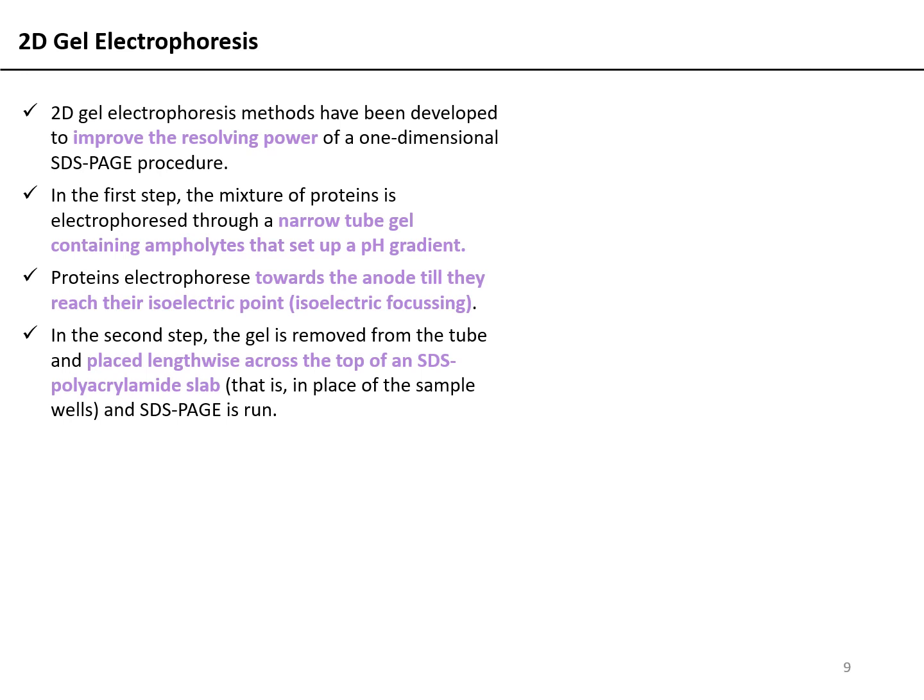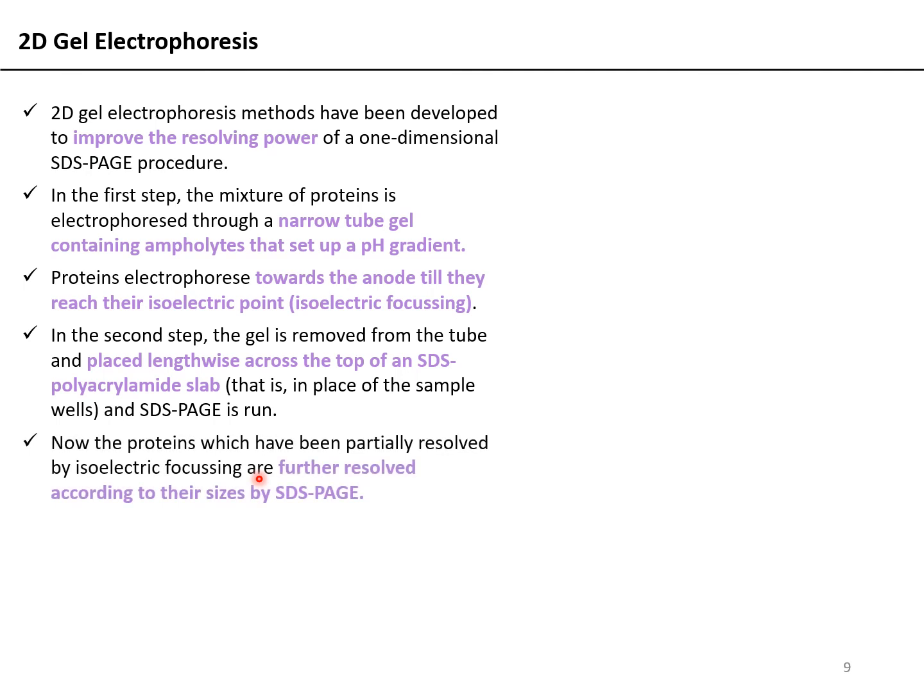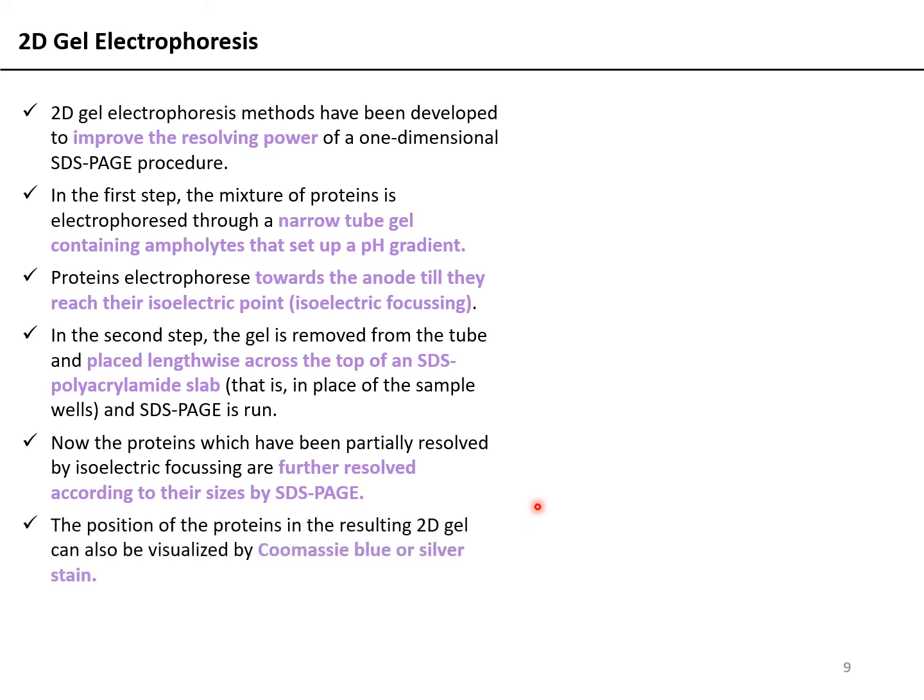You place it lengthwise across the top of an SDS polyacrylamide slab. The proteins which have been partially resolved by isoelectric focusing are further resolved according to their sizes by SDS-PAGE. And once you have run the gel, you can visualize it either by Coomassie blue staining or silver staining.